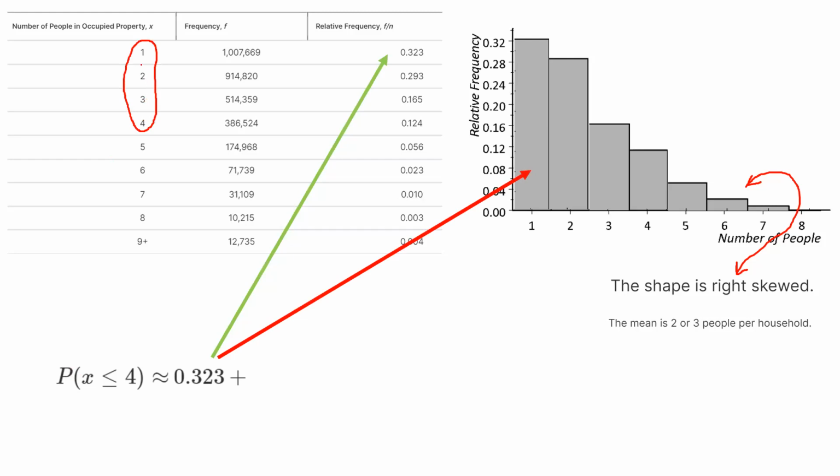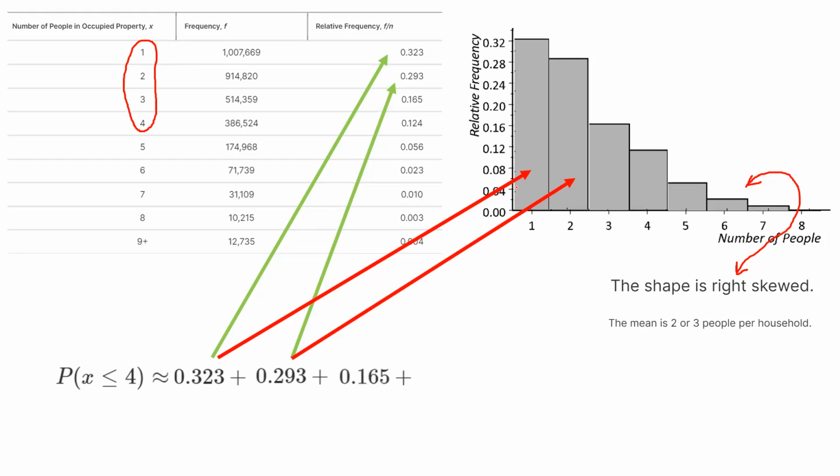So what is the probability that x is equal to 1? It is 0.323, or this bar here. You're looking at the area. Plus, what is the probability that x is equal to 2? It is 0.293, or basically this graph area here, plus 0.165, which is basically this relative frequency or probability that we calculated for the area on the histogram.